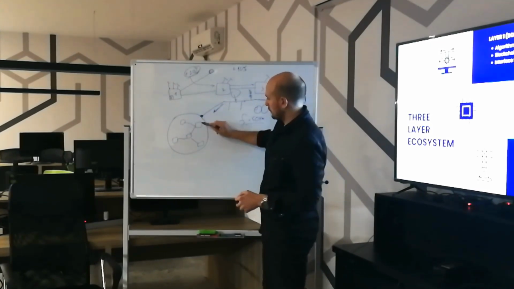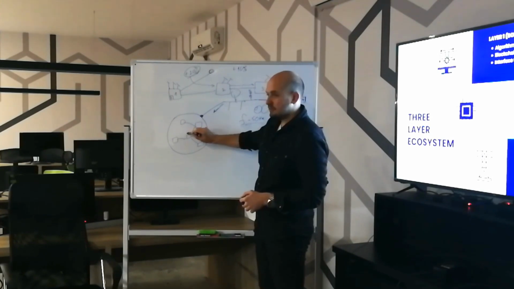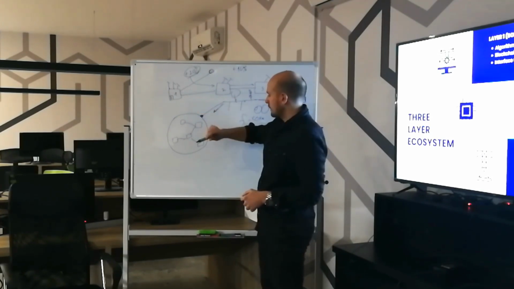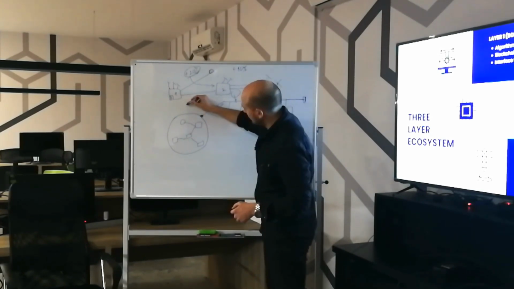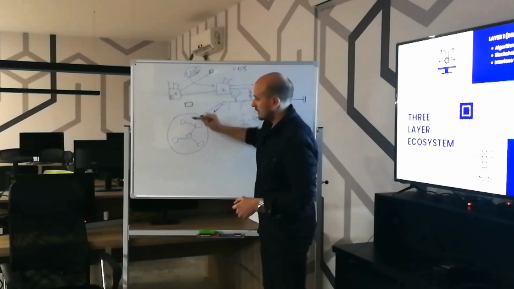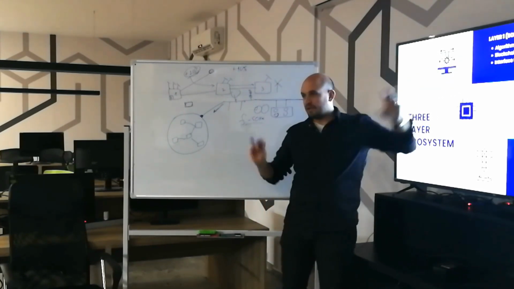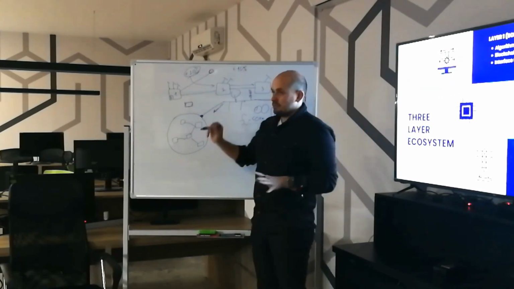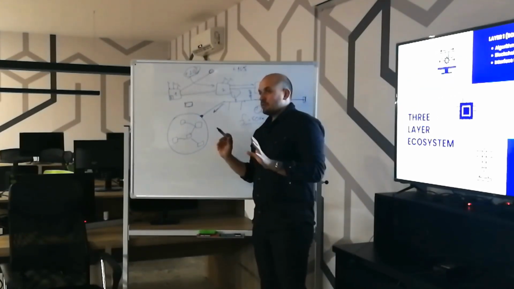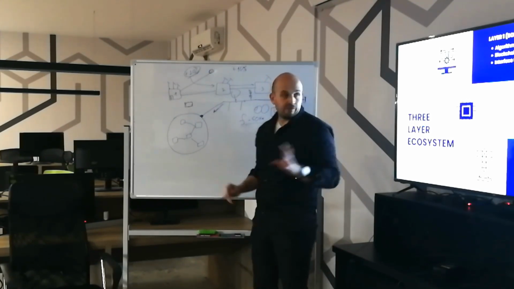So what we do here, on top of that, we put a smart contract. The smart contract is the brain that has this algorithm in it, with conditions that are defined in this algorithm.